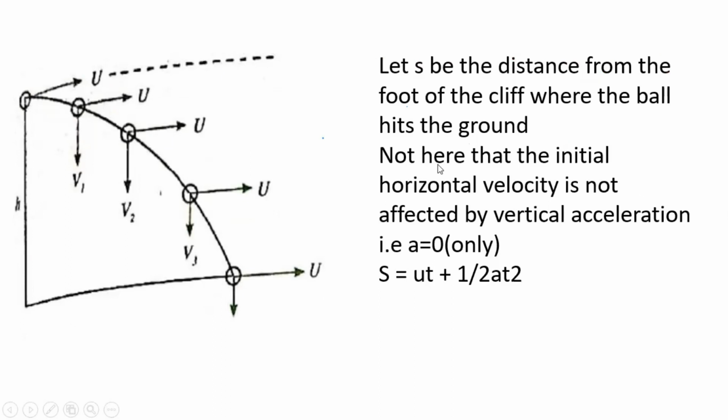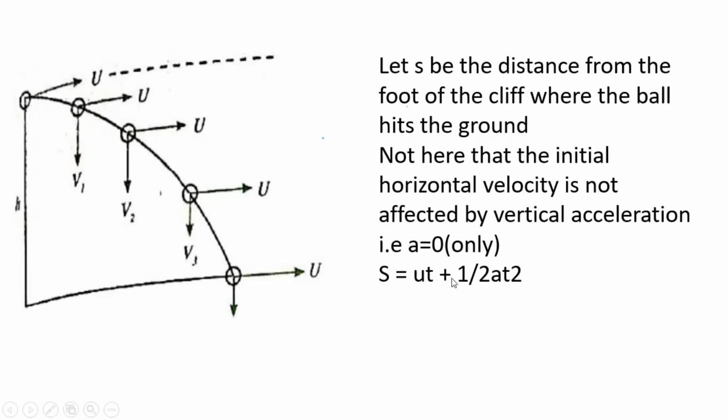Note here that the initial horizontal velocity, which is u, is not affected by the vertical acceleration, that is, a is equal to zero. So you have s equals ut plus half at squared.